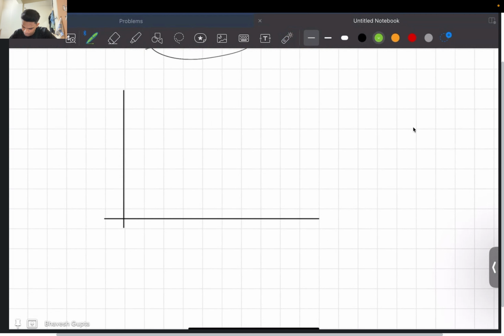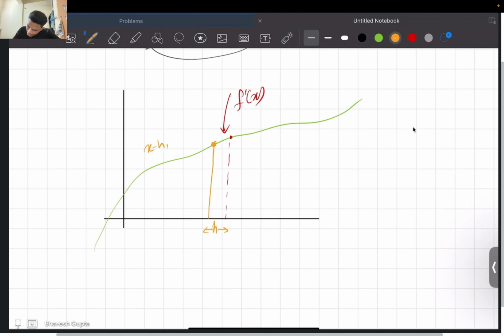You have a function and you are basically trying to calculate f dash of x at this particular position. So we first go to a point which is h distance away, that point is x minus h, f of x minus h.